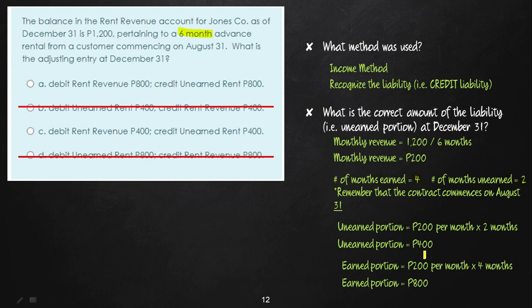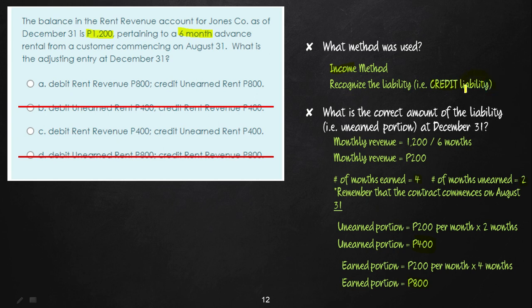If we add the unearned portion, which is 400, and the earned portion, which is 800, then 400 plus 800 is 1,200, which is the total amount that you have received. Okay, so going back, class, since it is the income method, that means we have to credit the liability.